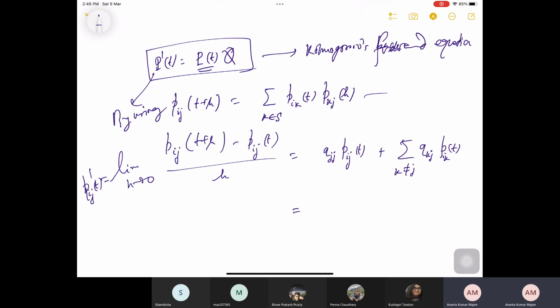Okay, I wrote down these things. So in matrix notation, it will be of this form, P prime t equal to Pt times Q, because Qii is negative and summation over j of Qij gives you 0.